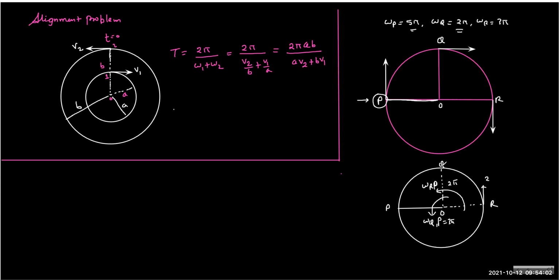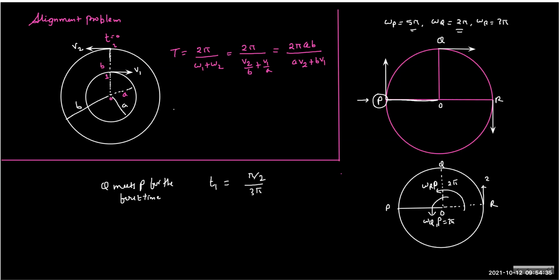So when will Q come to P for the first time? For the first time, Q will come to P only by traveling an angle of pi by 2, because the angle between them is pi by 2, so pi by 2 divided by 3 pi. But that's omega relative, right? So this is the time after which Q will meet P for the first time. 1 by 6.